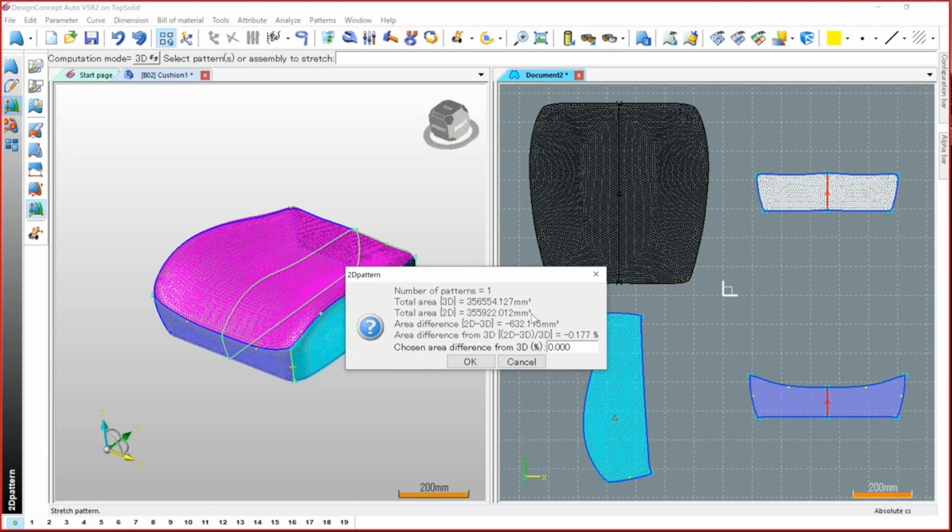I hope I can explain and reply to your question as much as possible. But the standard mode prioritizes the area size of each part. That's why area size is highly likely the same in 3D and after being flattened.